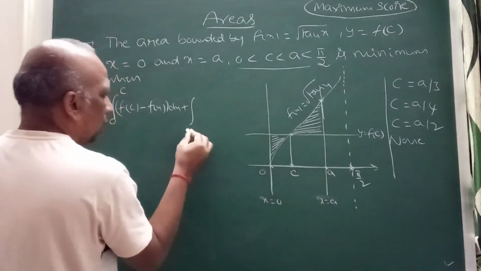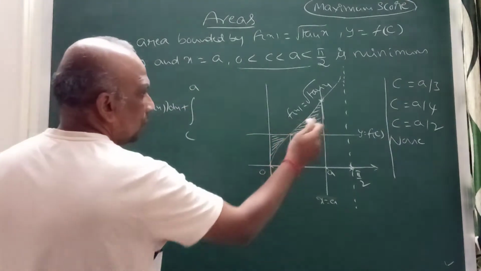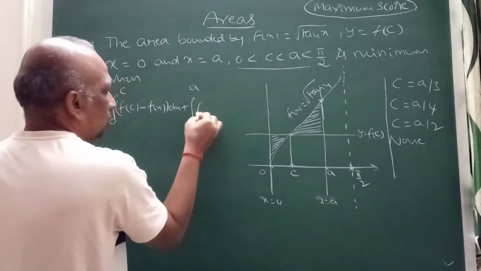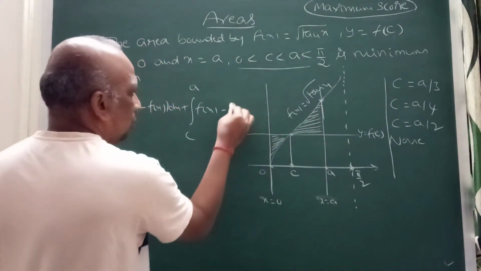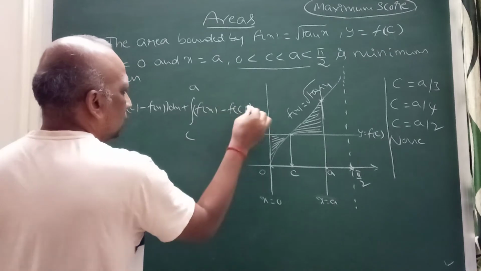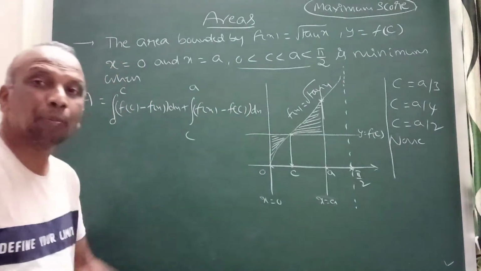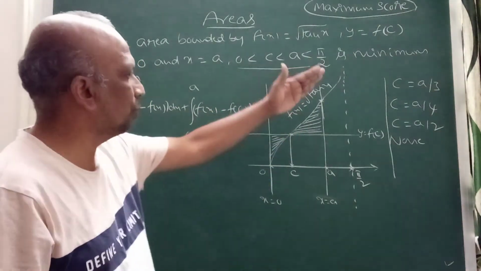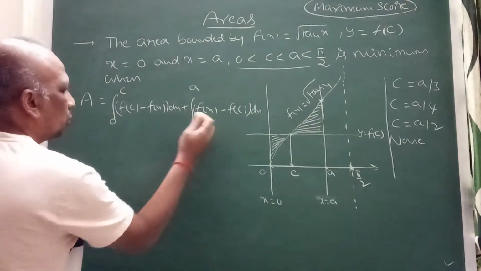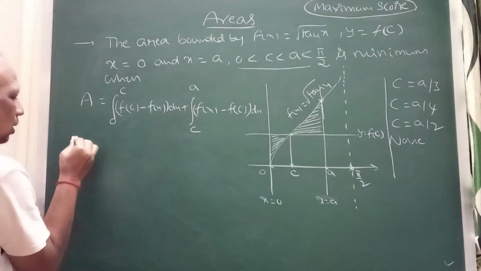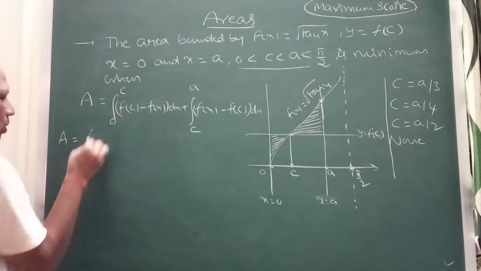Now c to a. If we take c to a, the curve f of x is upper and the line is lower. Always think upper curve minus lower curve, the difference of these. So I can write A is equal to the integral from 0 to c.